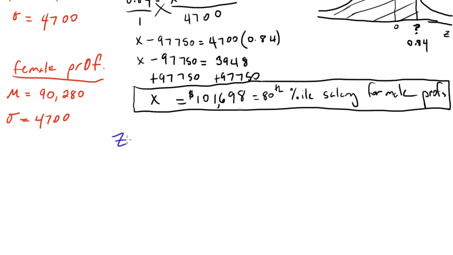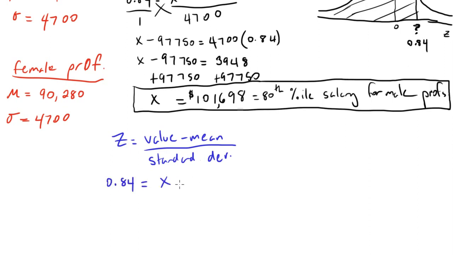Same formula. Z equals the value minus the mean divided by standard deviation. So again, we know the Z value that yields that 80th percentile. That's 0.84. We don't know the value. That's what we're attempting to find. So subtracting the mean divided by the standard deviation.